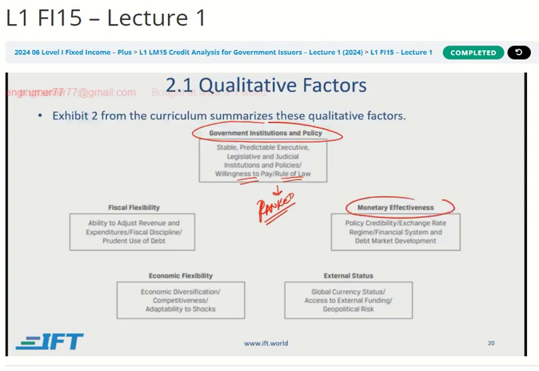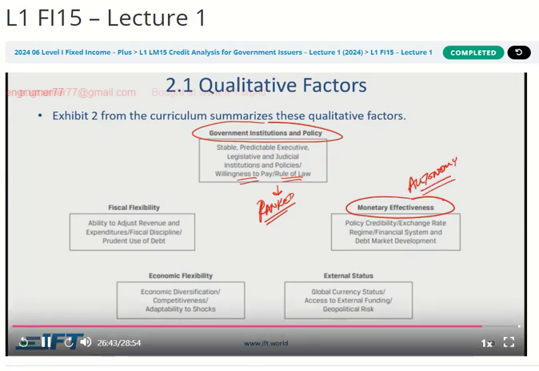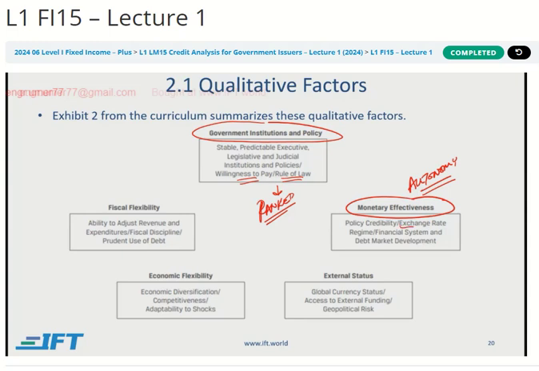Monetary effectiveness, I think the key point here is the autonomy of the central bank. We don't want the federal government to use it like their personal money printing machine. Otherwise, it will lead to inflation, which will then lead to devaluation of their local currency versus your currency. So you don't want that, right? You also want to see their fiscal flexibility, right? Discipline in terms of how much expense they are doing versus their revenue.